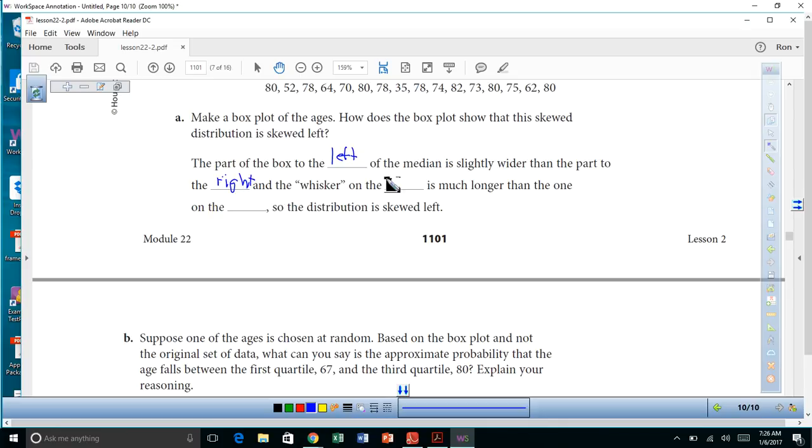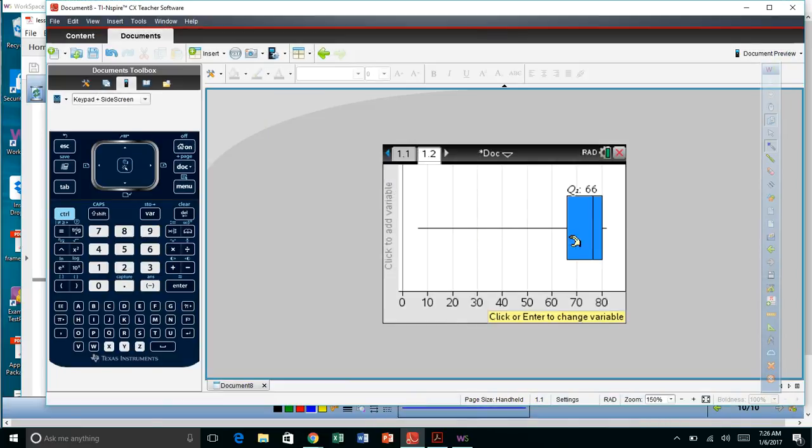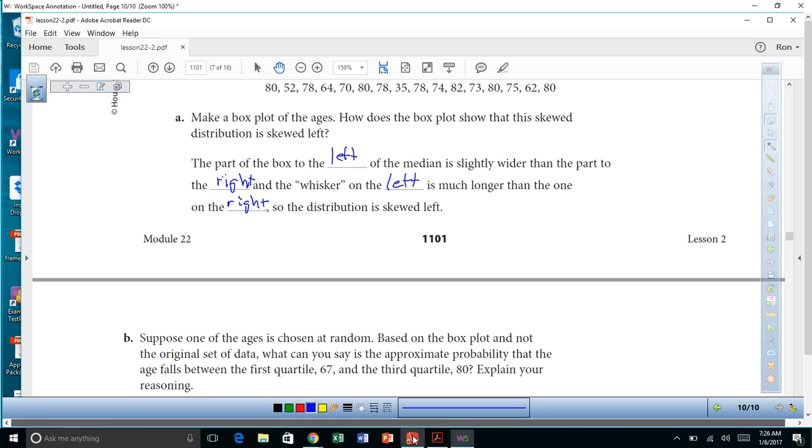And the whisker on the left is much longer than the one on the right. Okay. So if this box here was about the same size as that box there, and if this long whisker here was the same as that whisker right there, then it would be a normal distribution. Okay. All right.